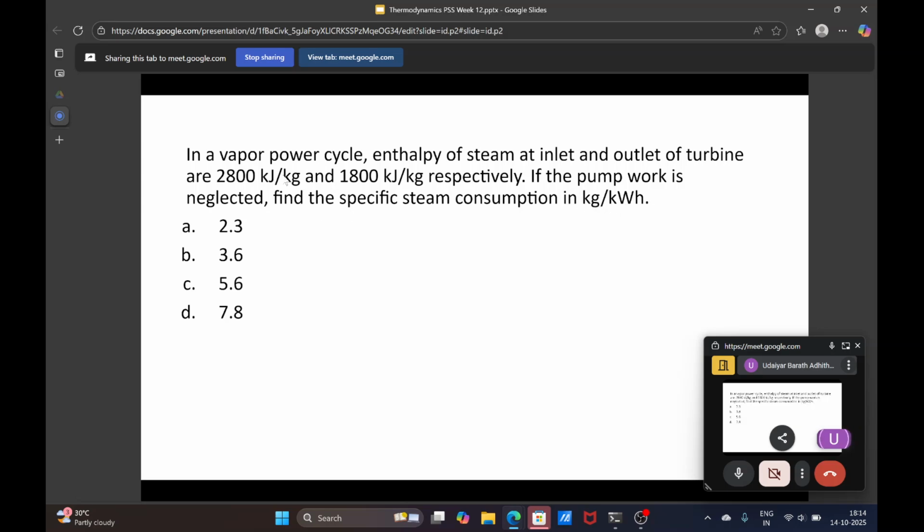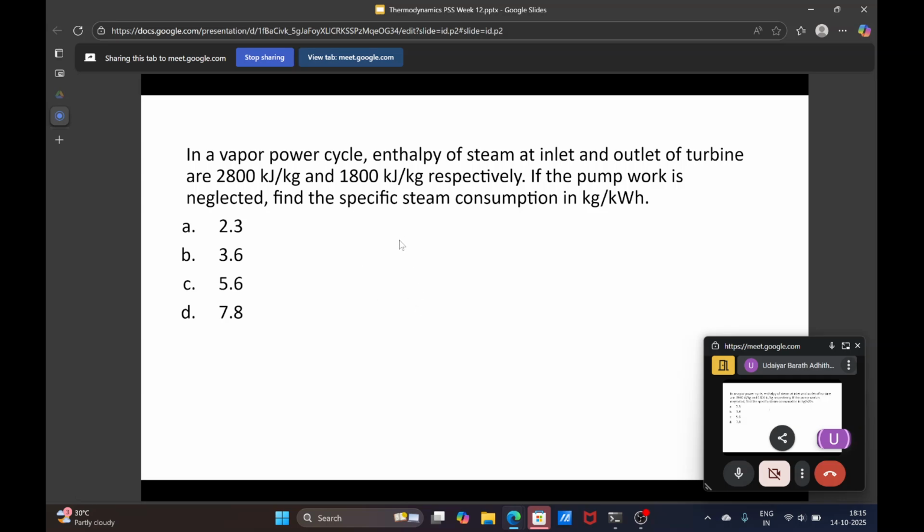What is given is the enthalpy at inlet and outlet of the turbine. You need to find how much mass flow rate is required to generate per kilowatt of work. That is the specific steam consumption. That's what is being asked.